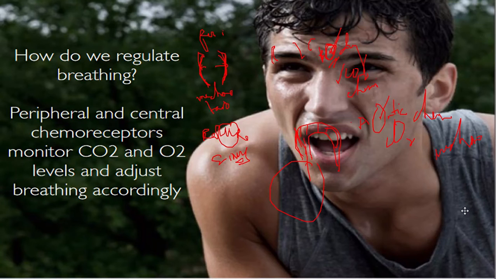Therefore, I repeat, the carotid body is only a chemoreceptor, while the aortic body has both chemoreceptors and mechano or baroreceptors.